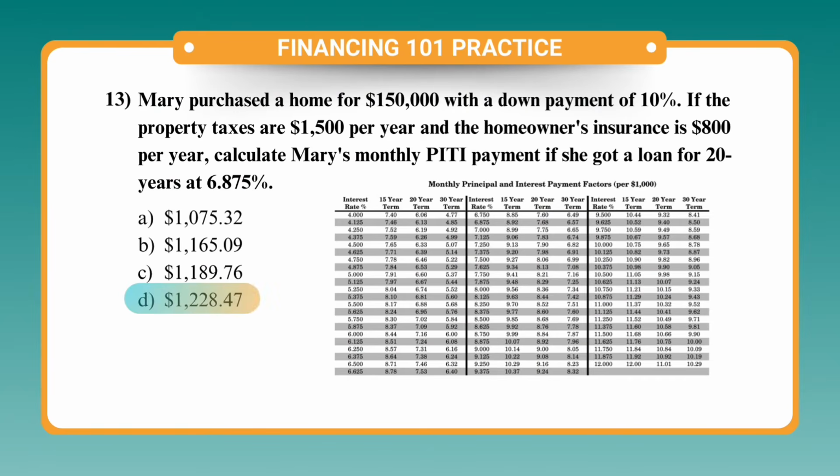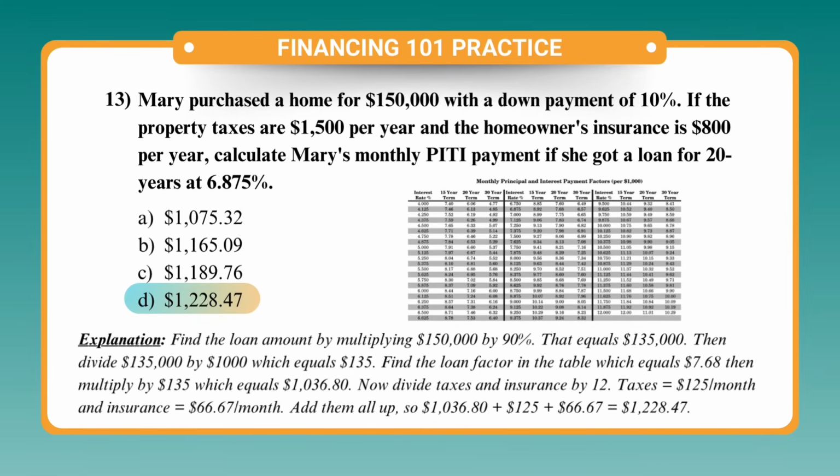The answer is D, $1,228.47. In this example, we first have to find the loan amount by multiplying $150,000 by 90%. That equals $135,000. Then divide $135,000 by $1,000, which equals $135.